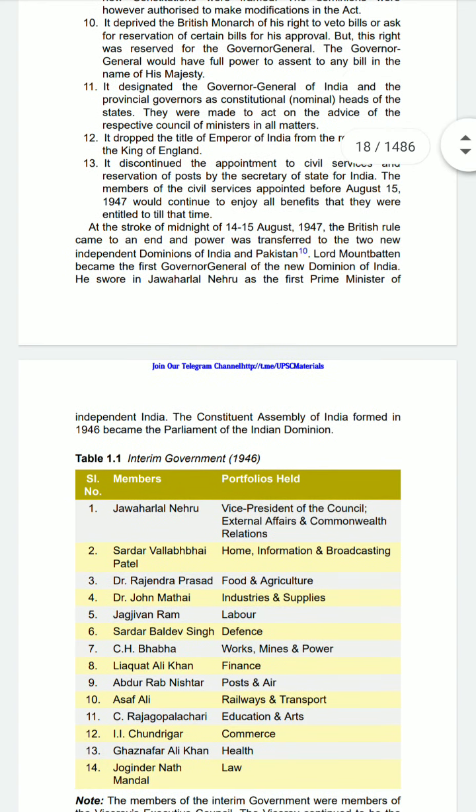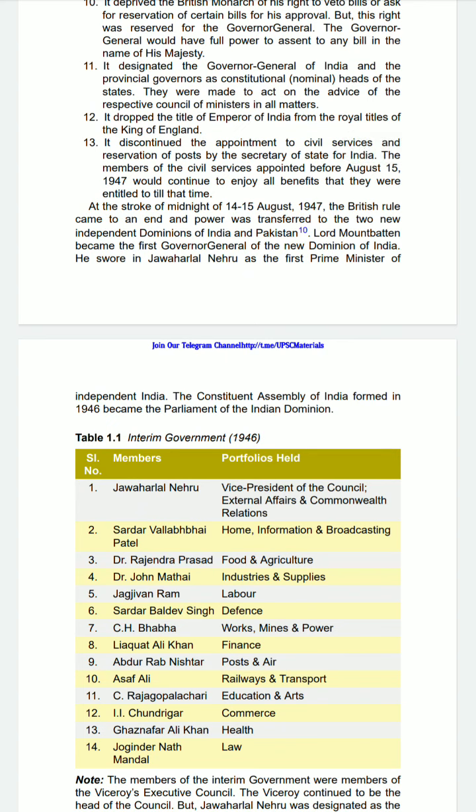It designated the Governor General of India and the provincial governors as constitutional, nominal heads of the states. They were made to act on the advice of the respective council of ministers in all matters. It dropped the title of Emperor of India from the royal titles of the King of England.